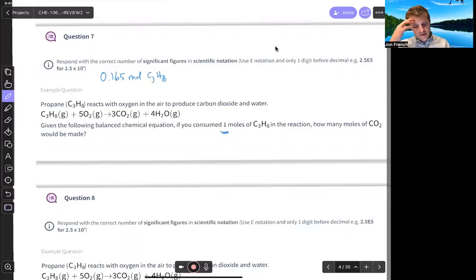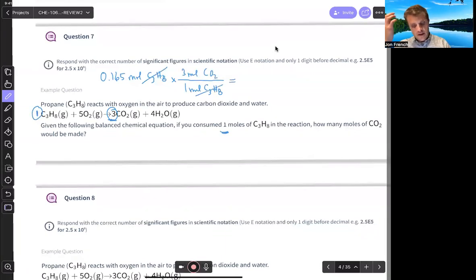Propane reacts with oxygen to produce this, given the following balanced equation. How many moles of CO2? Here we know for every 1 mole of propane, we're going to make 3 moles of CO2. So we're just going to use that mole ratio: 1 mole of propane in, I'm going to get 3 moles of CO2 out.